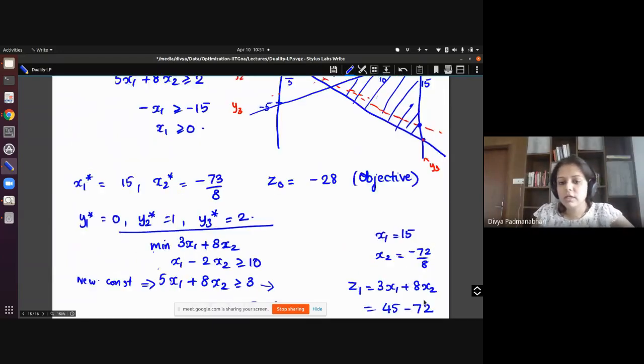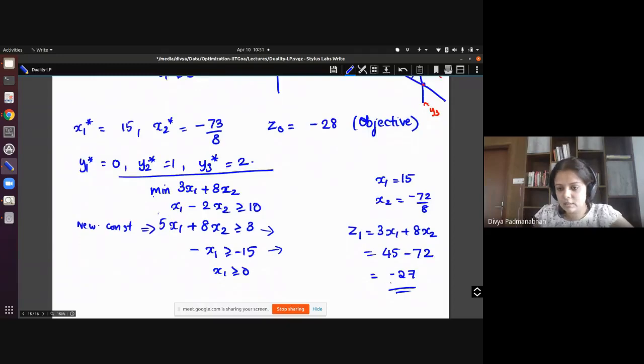Earlier this objective was minus 28 and now it became minus 27. So the change in objective is exactly this value of y2 star. y2 star is 1, and that's exactly the improvement that you get.